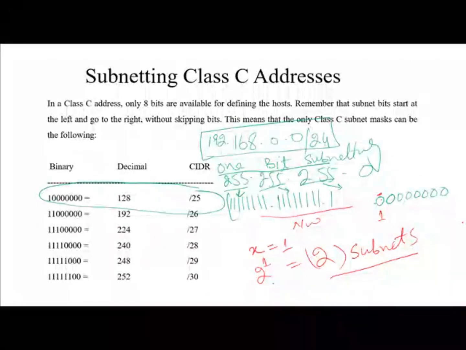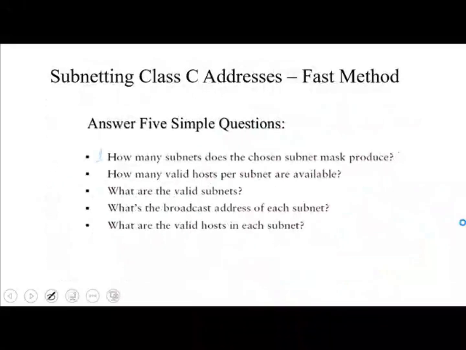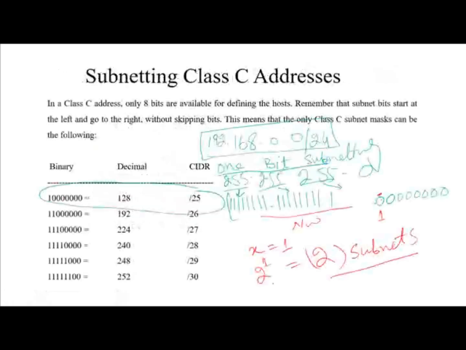Now the second one. How many valid hosts per subnet are available? Means in each subnet, how many IP addresses can we assign to computers?